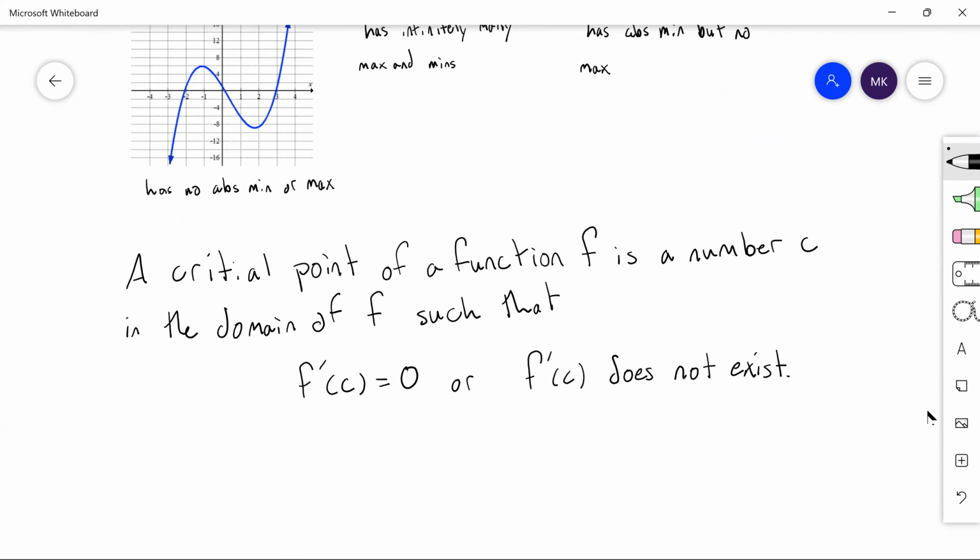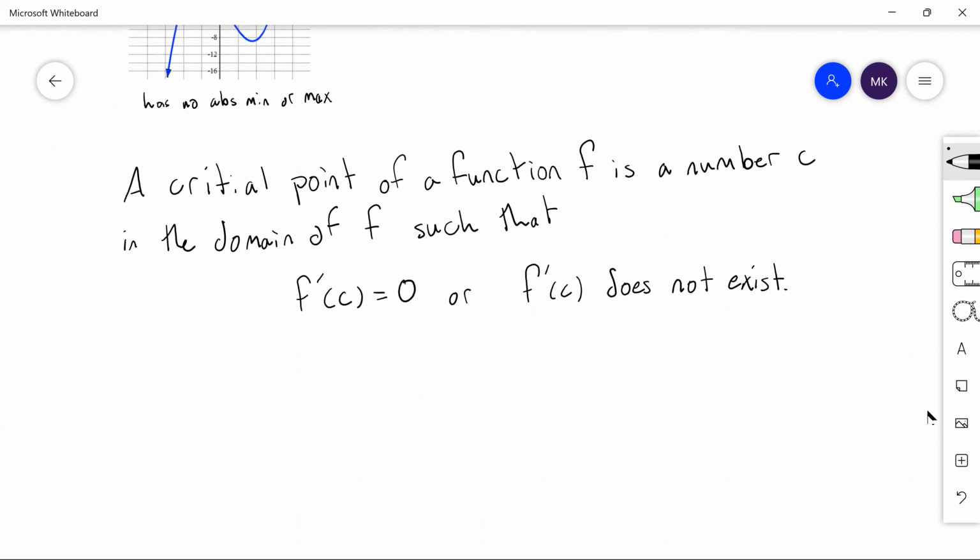So if we want to find the critical points of a function, we look for where its derivative is undefined and equal to 0. Any questions on that? So this is just a definition of what a critical point is.